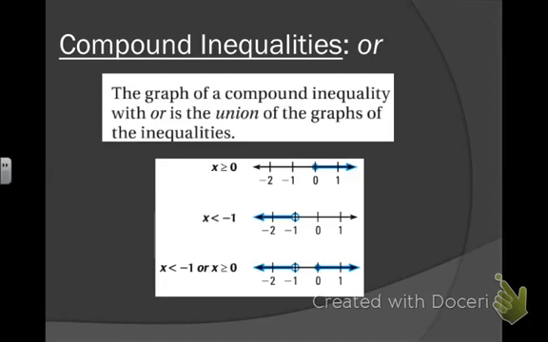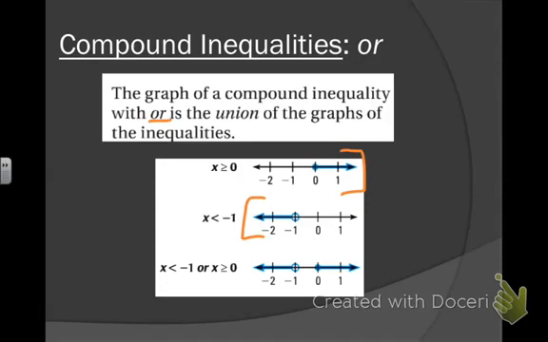An "or" inequality, on the other hand, the graph of a compound inequality with "or" is the union of the graphs of the inequalities. So this one's going to look a little different. But to give you an example, if we know that x is greater than or equal to 0, or x is less than -1, it's just these two graphs merging onto one.